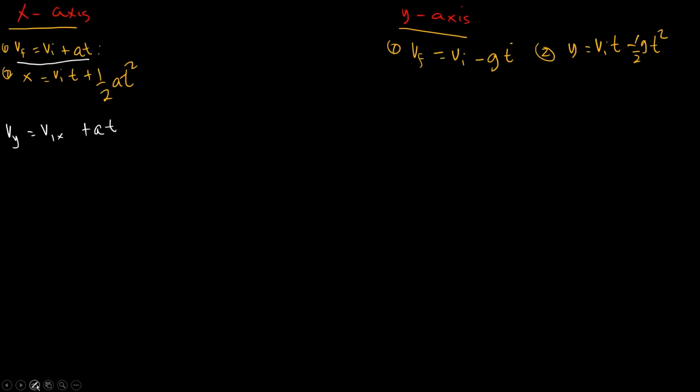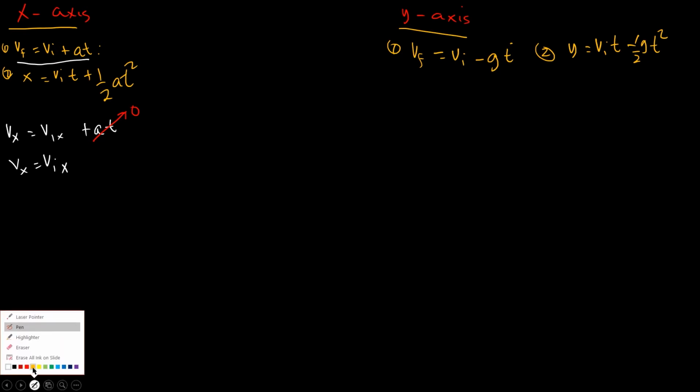So we can assume that this term here is equal to 0, leaving us the equation of v sub x is equal to v sub ix.